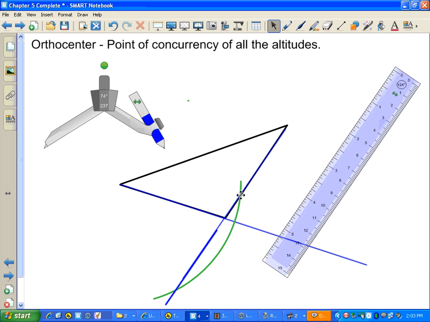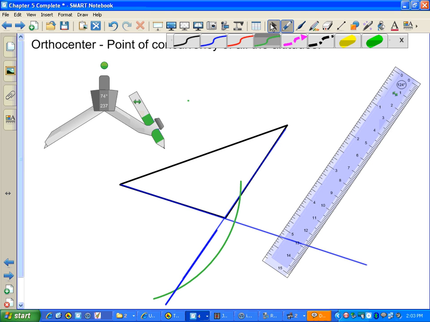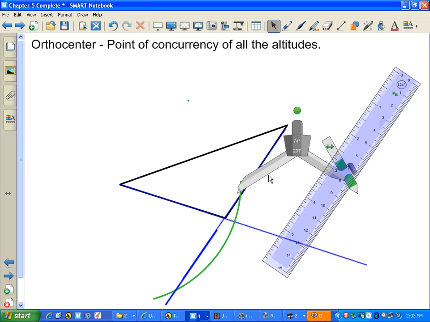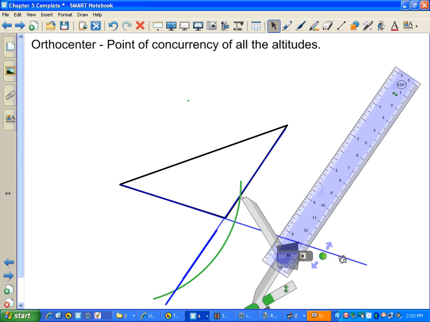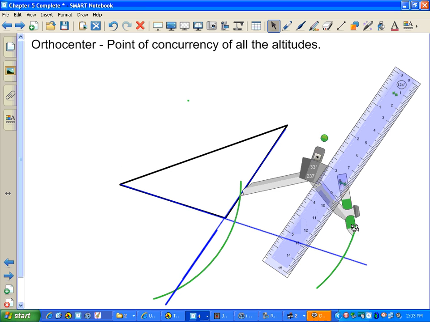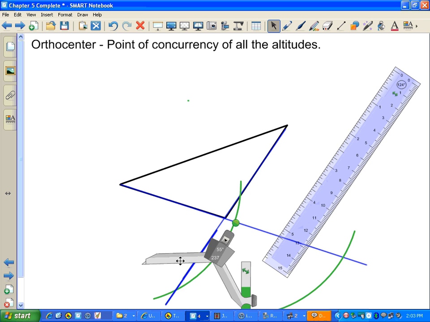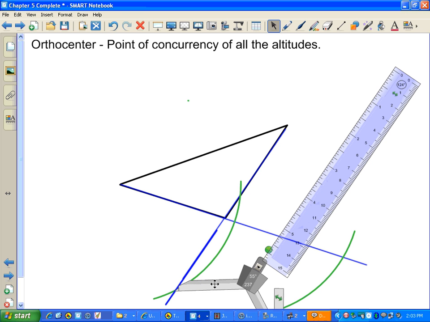Then I'm going to bisect that. So we go from this point where it touches, and it'll touch there, and then I just need to know where it is down here. And then from this point also.